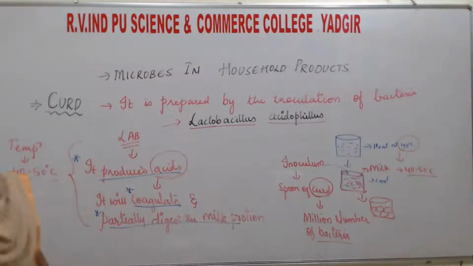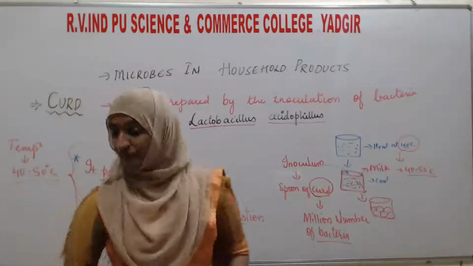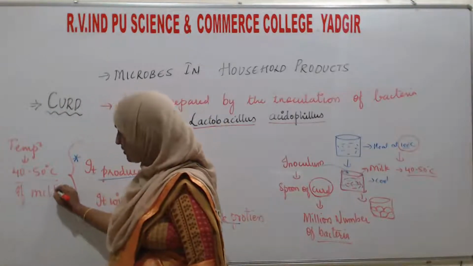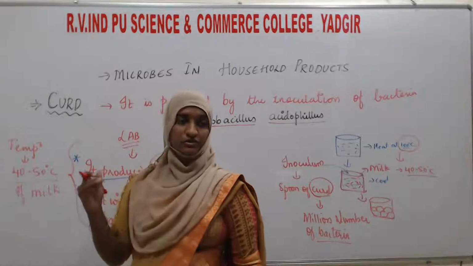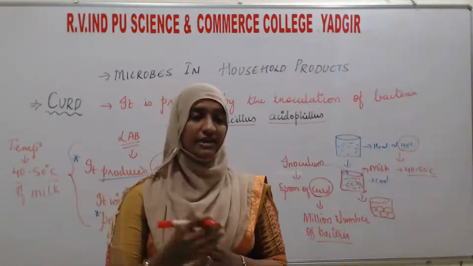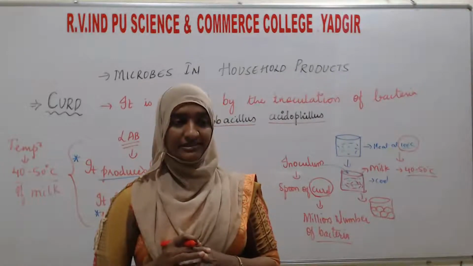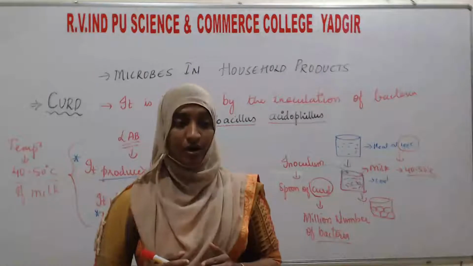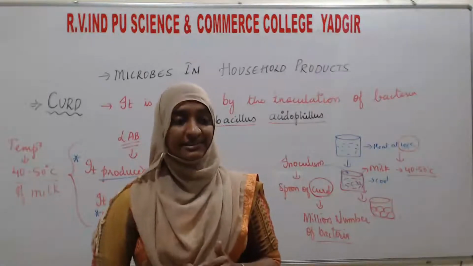Of what? Of the milk. If the temperature of the milk is higher or lower than this, the lactic acid bacteria will not be in an active form. They will not produce any acids.